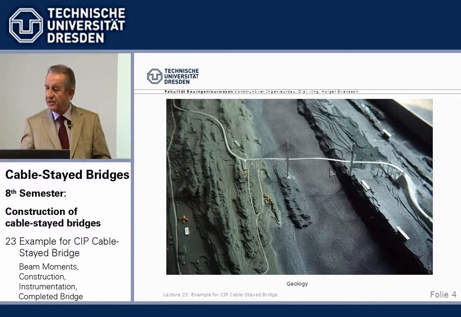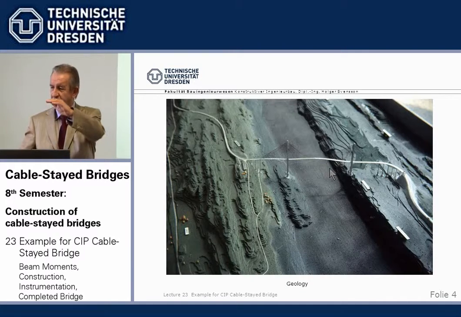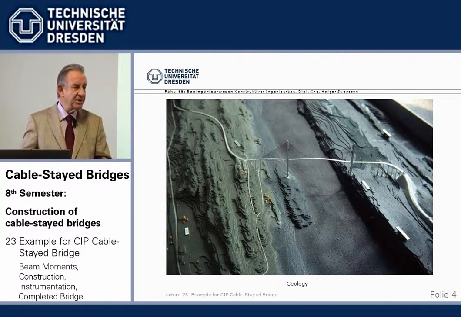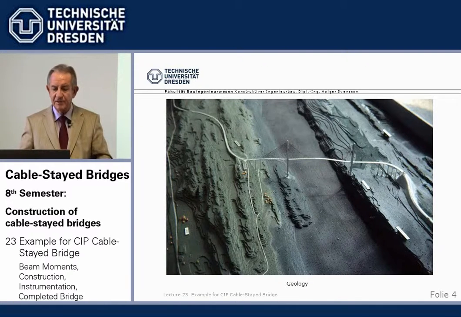It's actually 120 meters, but that would have made the model too thick. It's a very steep fjord, of course coming from the ice ages where the glaciers have eroded the very strong, hard rock there. And we went smack onto the edges in order to have the minimum possible span length.